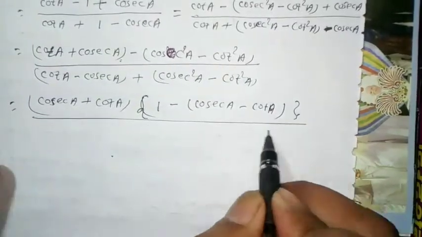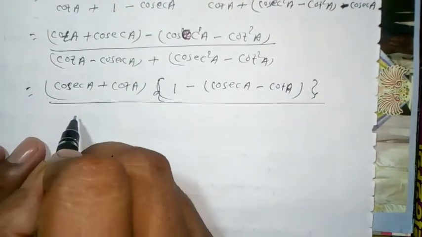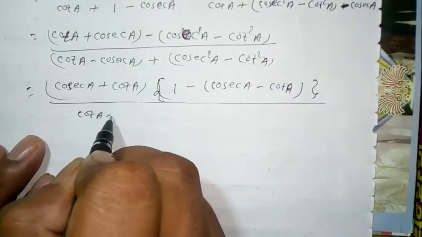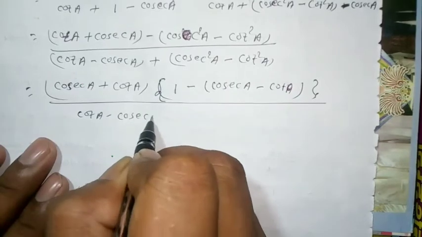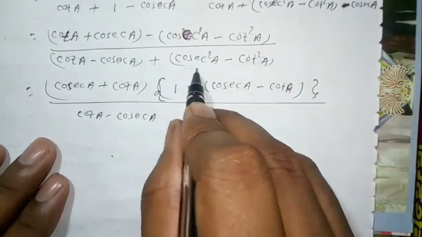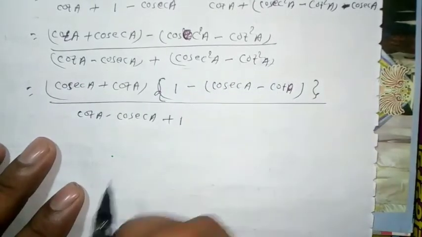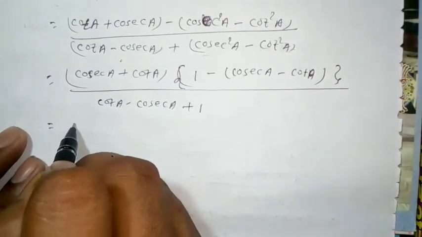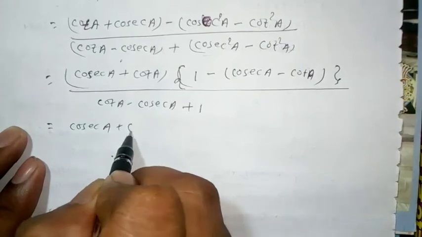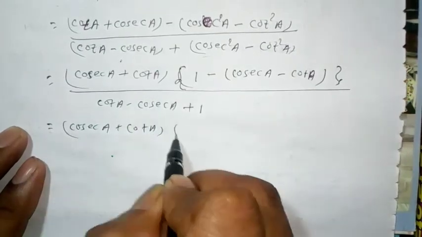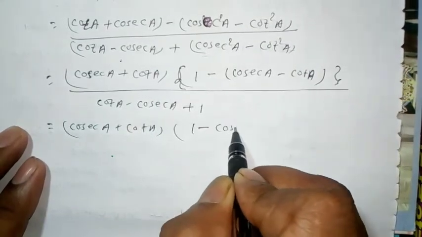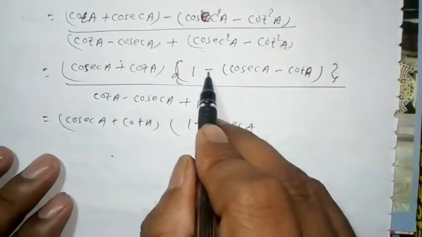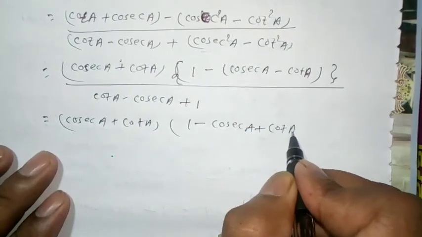by cot a minus cosec a, and the value of cosec square a minus cot square a is equal to the same 1. Okay, it is equal to cosec a plus cot a into 1 minus cosec a minus minus plus cot a.